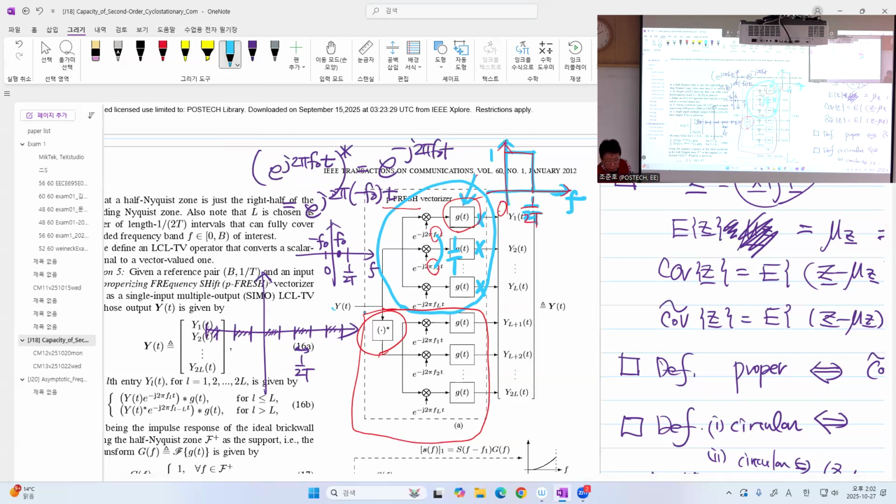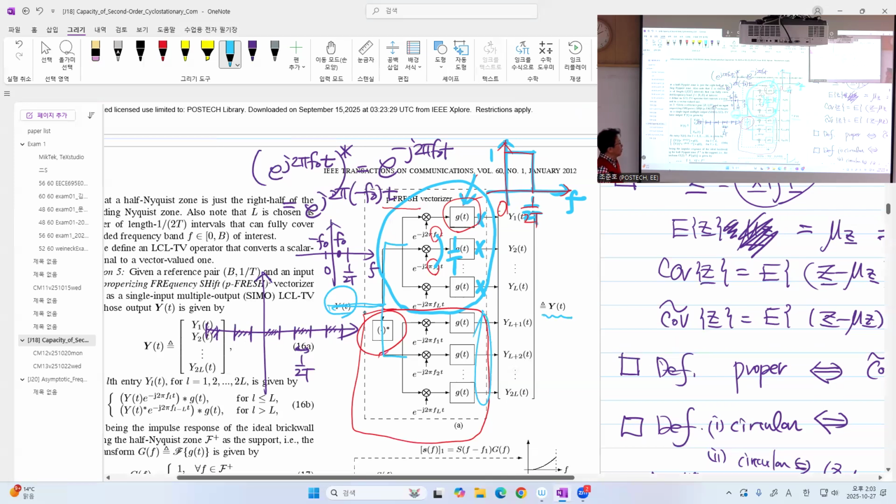In the upper branch, not all the signal components, but only around half of them pass through these filters. And after conjugation, the other half of the signal components filters through the lower branch. Got it? So we have twice the length of the ordinary fresh vectorizer in this p-fresh vectorizer output.